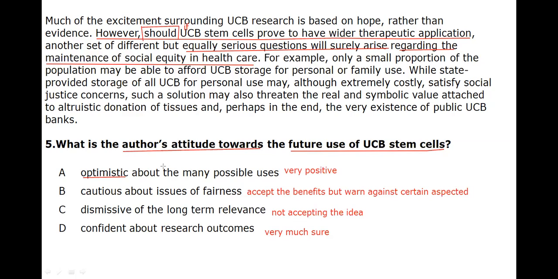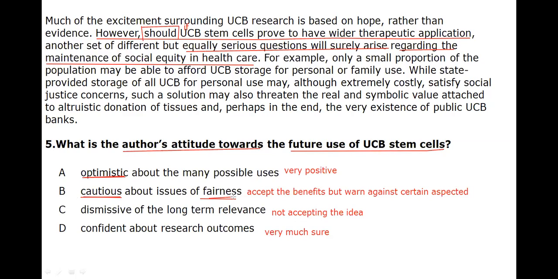Right? So optimistic means very positive. No, he's not very positive. He's cautious. So he is considering that maybe it is possible that in future they will be used for therapeutic options, but we would have equity concerns, and that is the fairness issues.